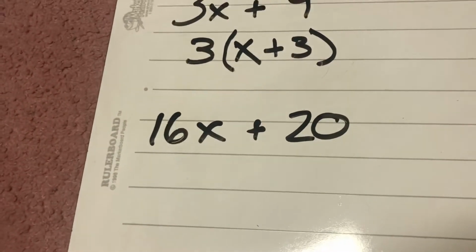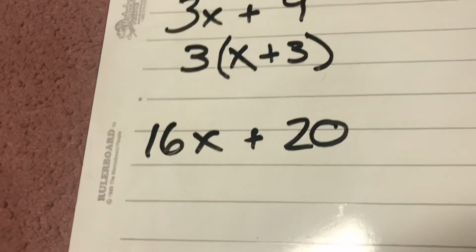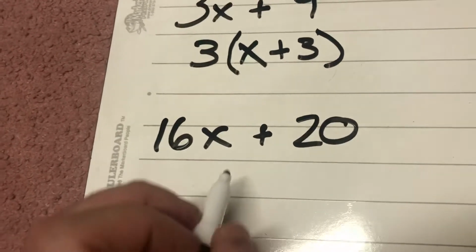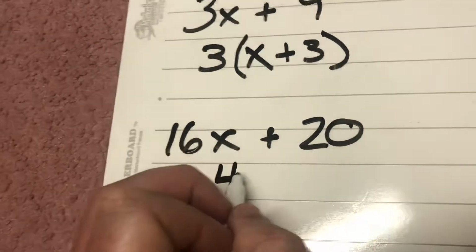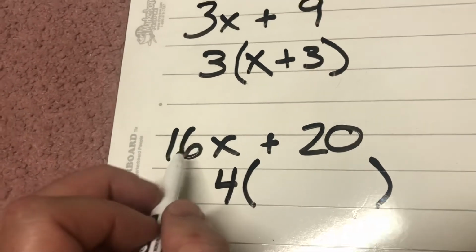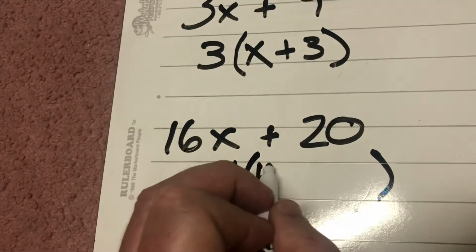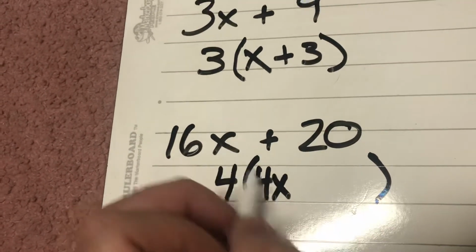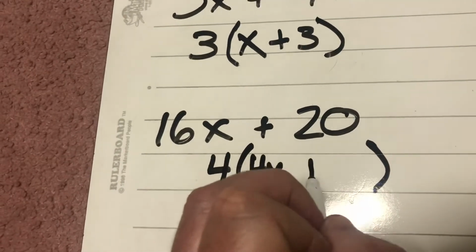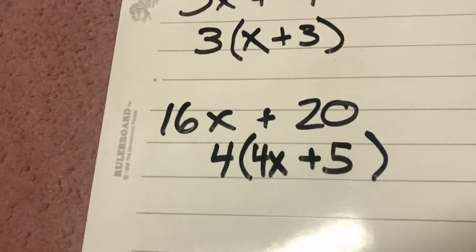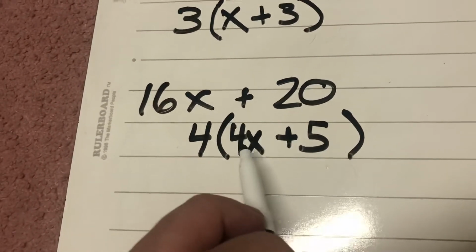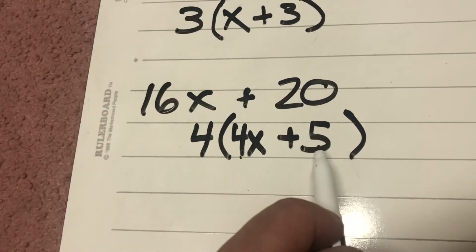16x plus 20. Okay? When I think about my multiplication tables, I think these are both divisible by 4. So I'm going to put 4 outside my parentheses. 16x divided by 4. Well, 16 divided by 4 is 4, but I also have to include the x in my answer there. 20 divided by 4 is 5, so I'm going to have plus 5, and I think that's in simplest form because no number besides 1 can go into both 4 and 5.